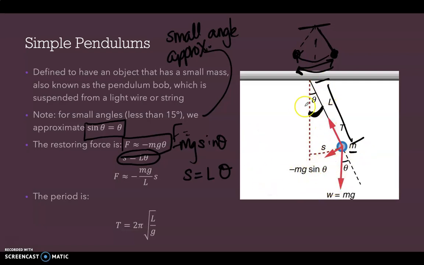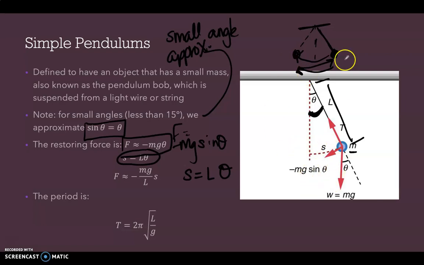Looking at this diagram, it's probably better to look at it to describe what I just talked about. Remember that our systems want to be at equilibrium. If they're not at equilibrium, they want to go back to equilibrium.